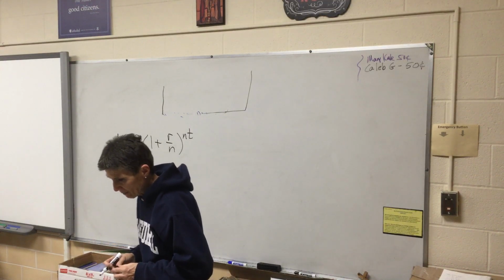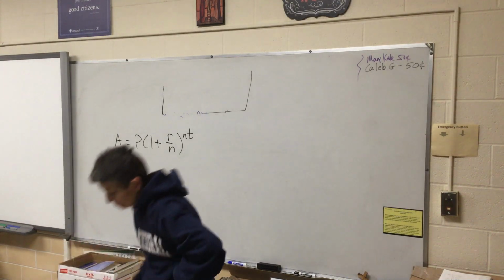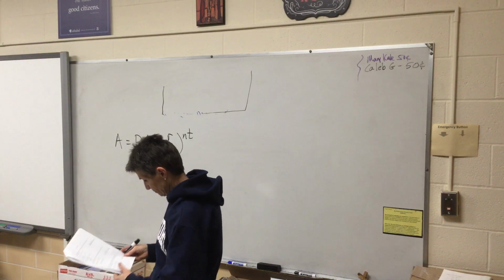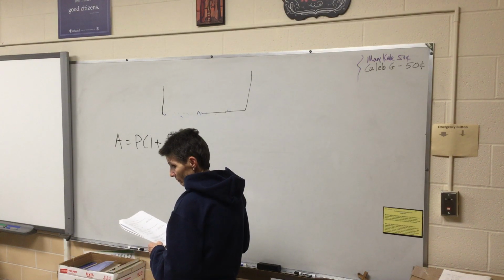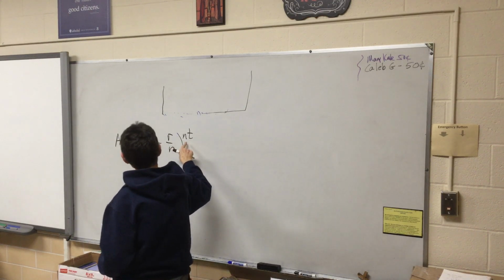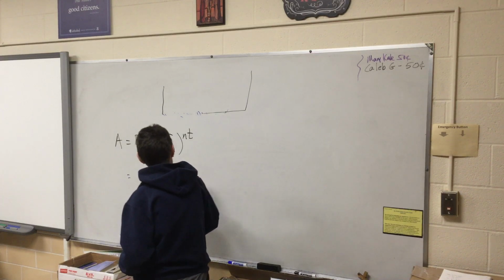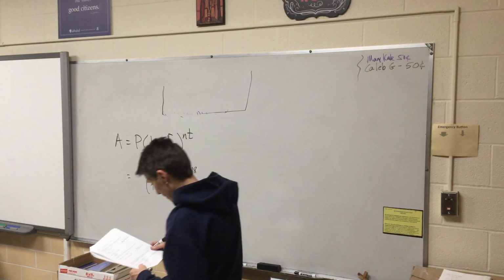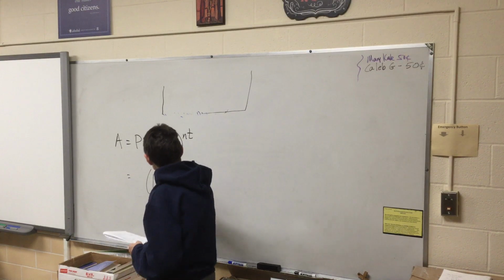All right. So now let's put some numbers in. Well, you were born 18 years ago, so the years are going to be 18. And then the 3.5 is the rate.